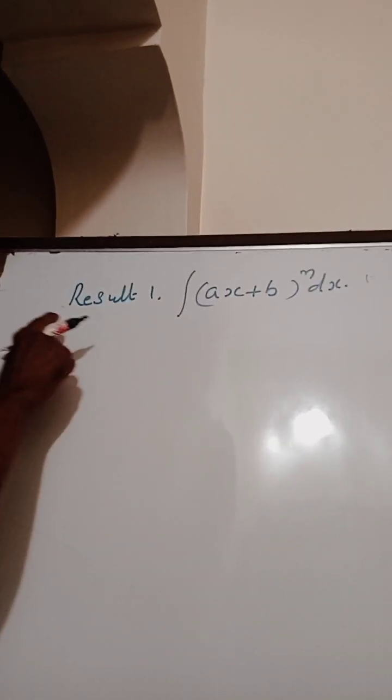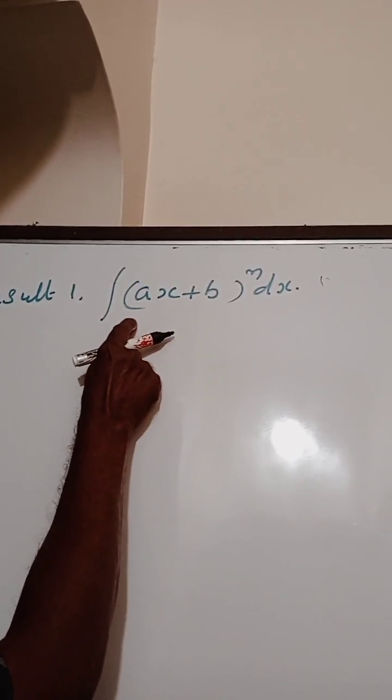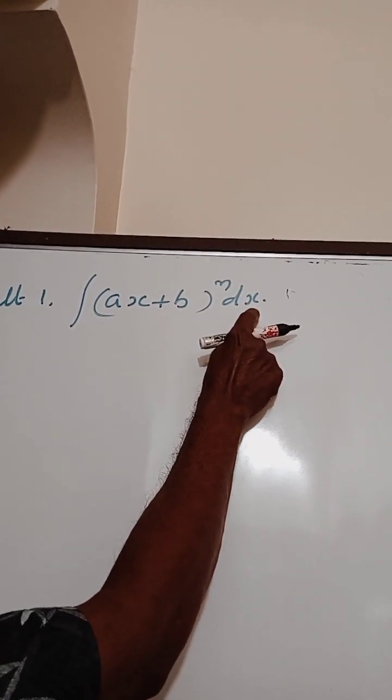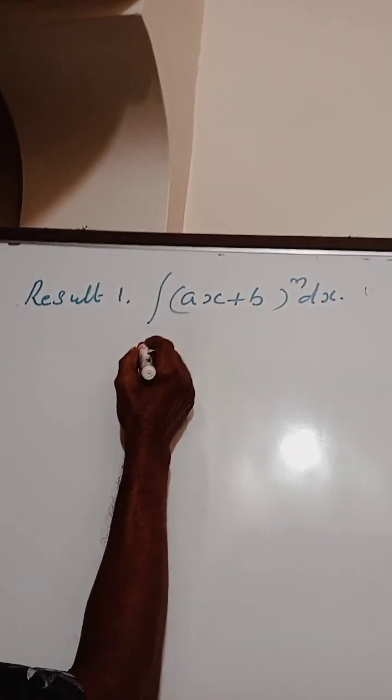The above given 10 results, when x is replaced by ax plus b, can also be solved by substitution. Result 1. Integration of ax plus b the whole raised to n dx.